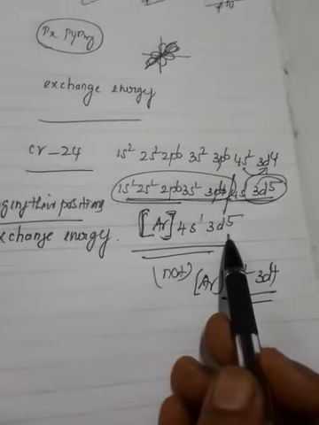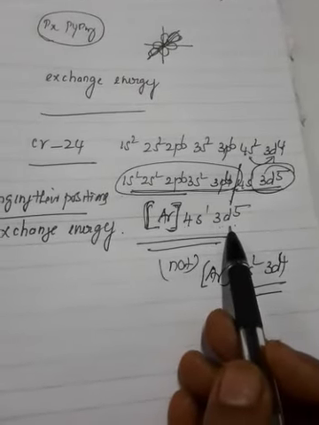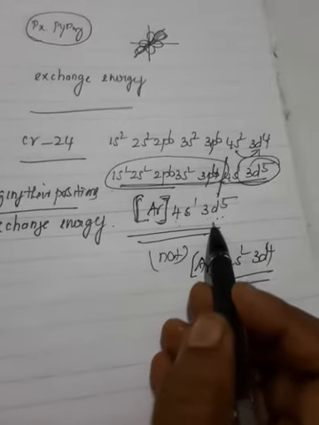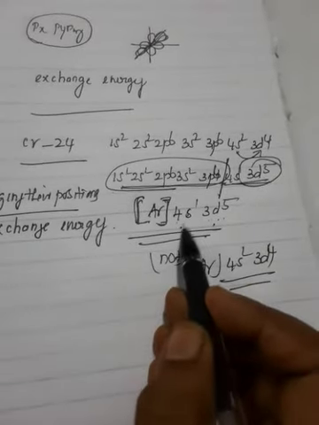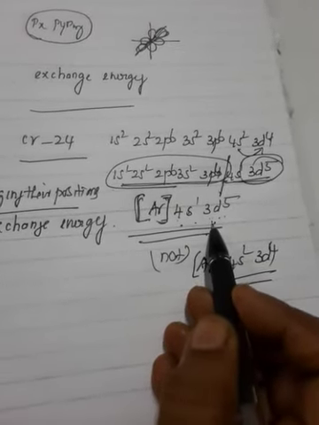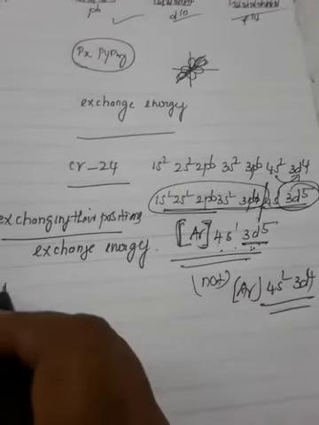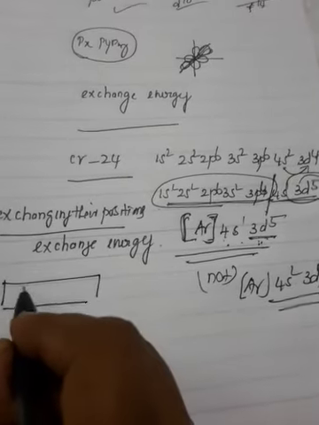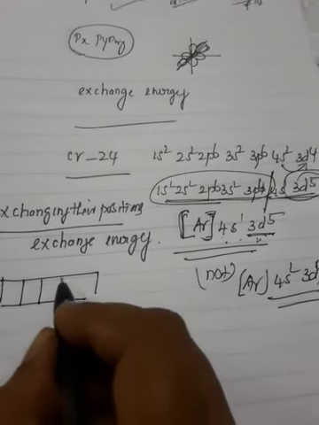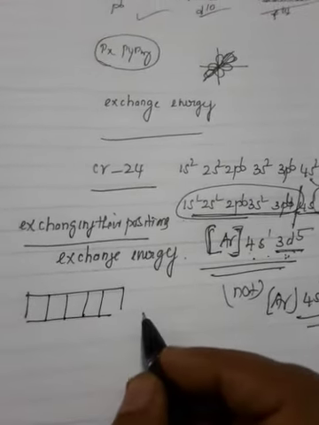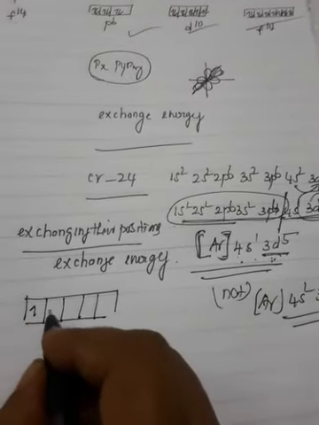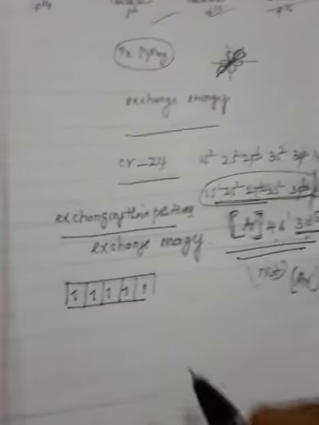Here, 3d5, given 4s1 3d5. For this 3d5, we can write like this: d1 2 3 4 5, 5 orientations. 3d5 means 1 2 3 4 5.